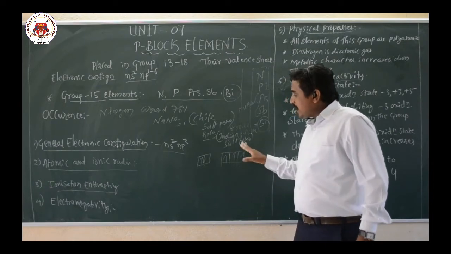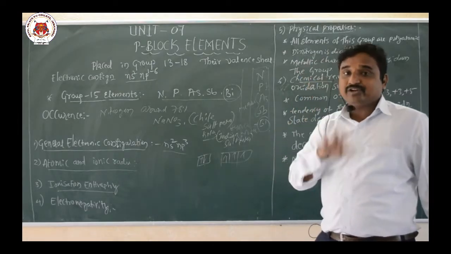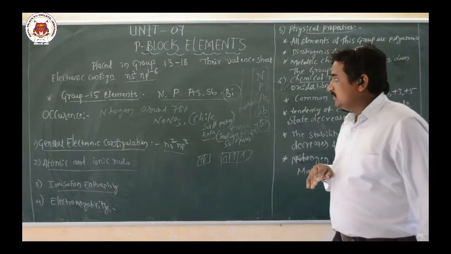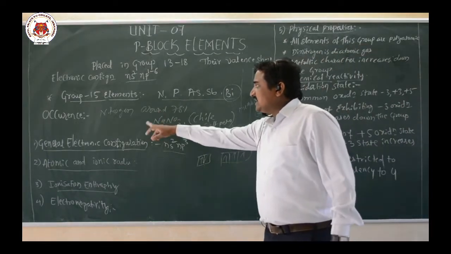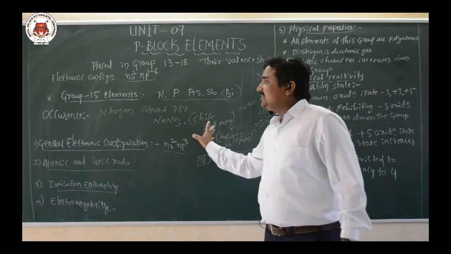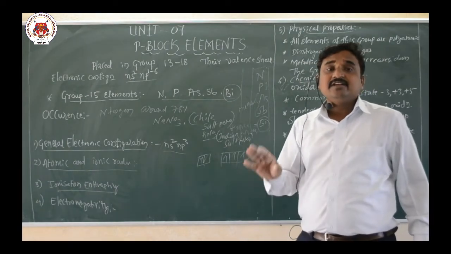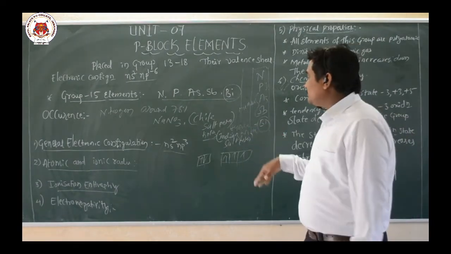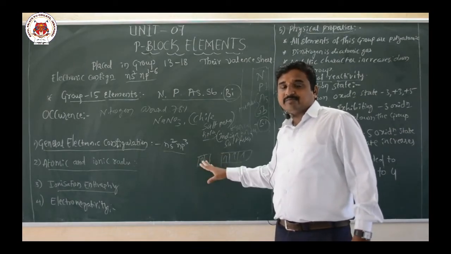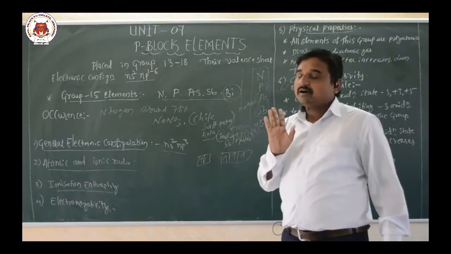We already know that exactly half-filled and completely filled orbitals are more stable. So for that reason, the general electronic configuration ns2 np3 indicates that group 15 elements have extra stability, because the s orbital is completely filled and the p orbital is exactly half filled.